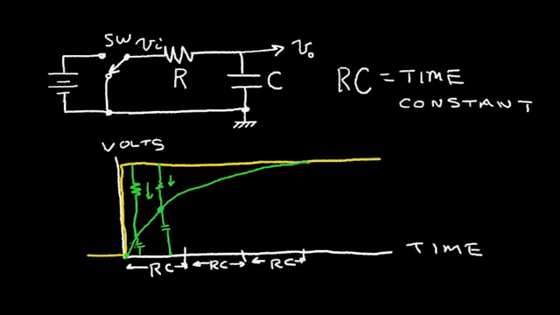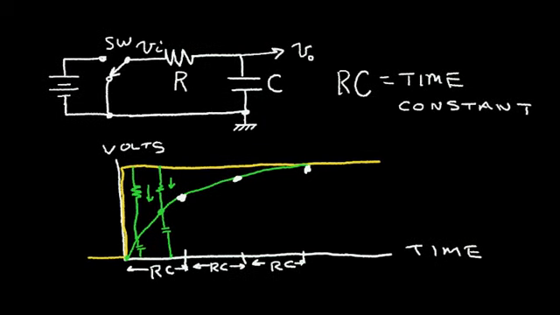So this circuit at this point is charged up 3 time constants. At this point has charged up 2 time constants. At this point has charged up 1 time constant. We can write an equation for this Vout versus Vin. This is Vout, this is Vin, or VI.